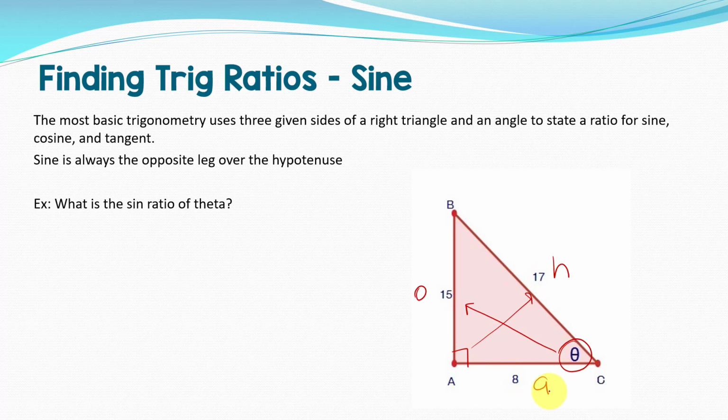This one is touching the angle, so it is the adjacent side. Remembering SOH CAH TOA, sine is opposite over hypotenuse. So we write sine of theta equals opposite over hypotenuse. That's all we're doing for now. We're not going to actually calculate it yet. We'll do that in the next video. Right now we're just writing the correct ratio.